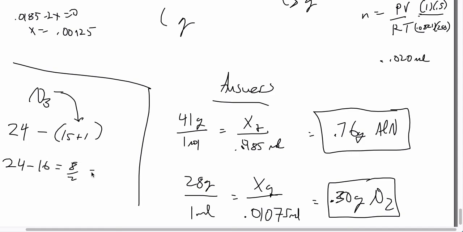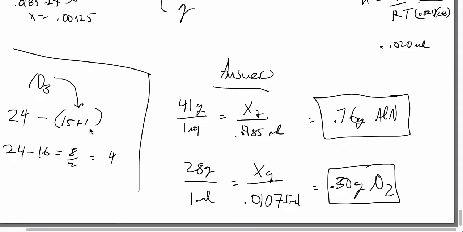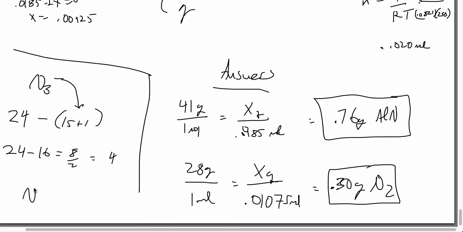Lock those into covalent bonds. That's going to be 4 bonds. So we have N, N, N, with a minus 1 charge. And this is going to be a linear molecule.